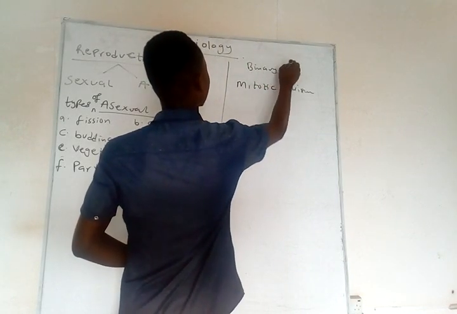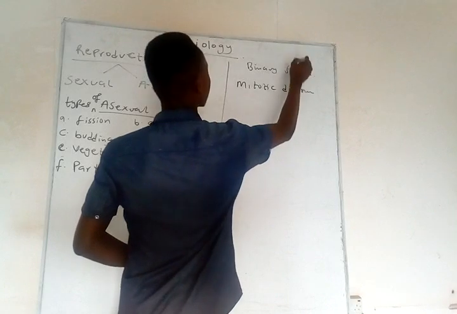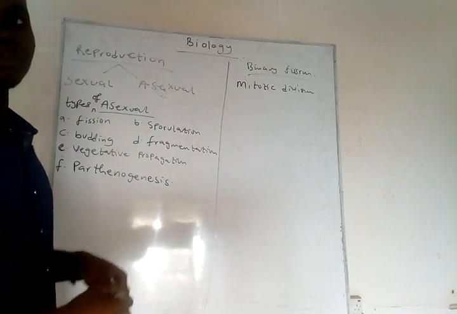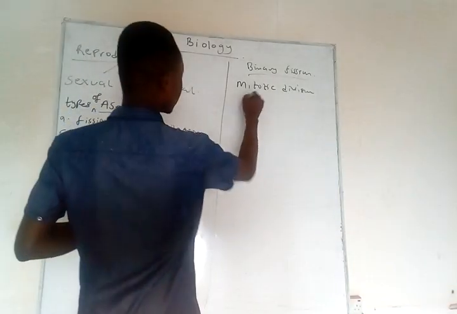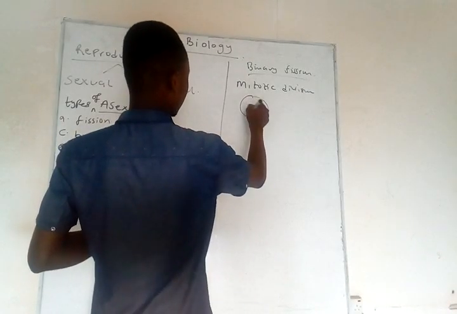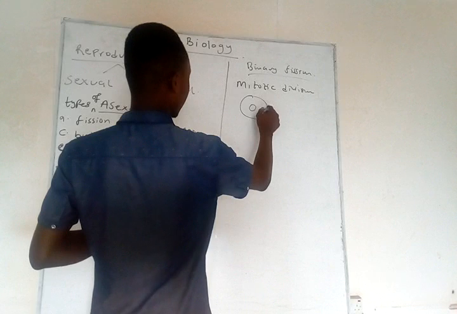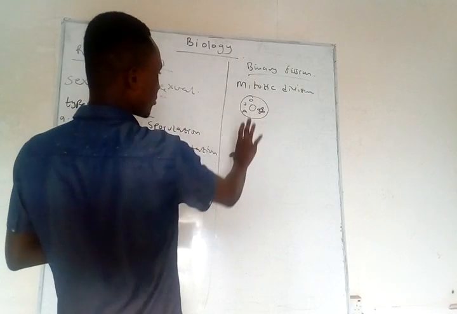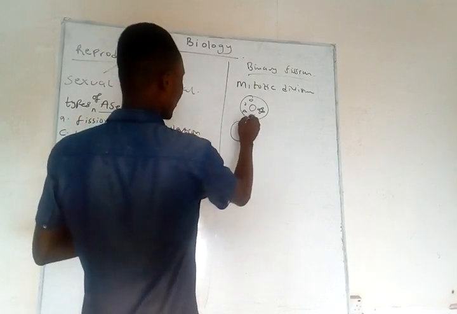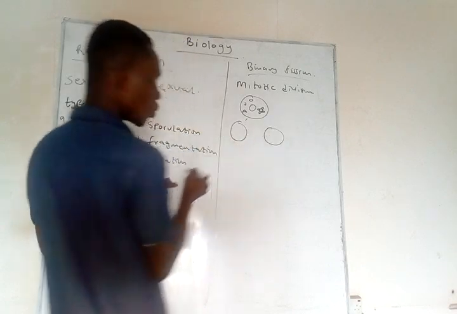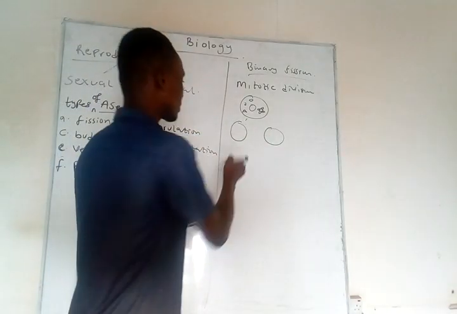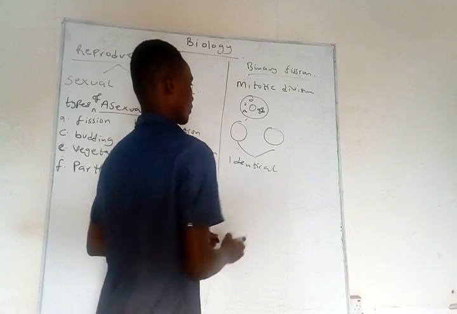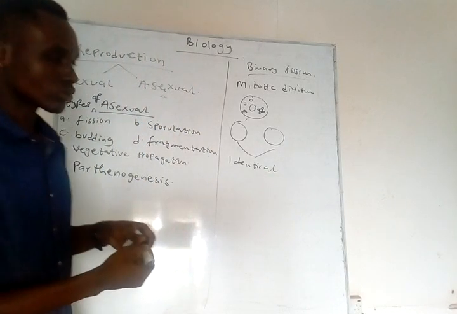In binary fission, they will do mitotic division. And when mitotic division takes place, let's say this is our organism with the cell and other structures. This organism will divide mitotically into two, so that it has two organisms, and these two will be identical.